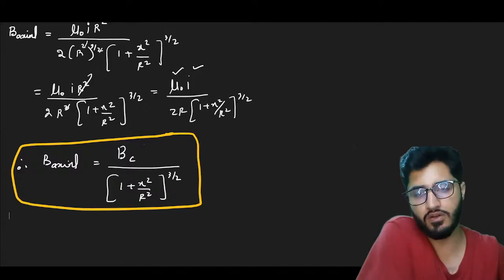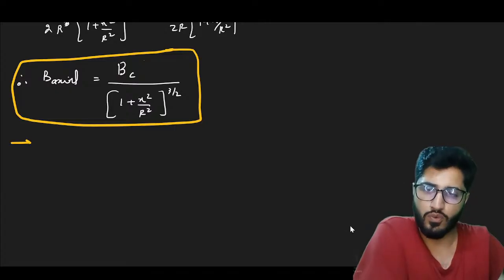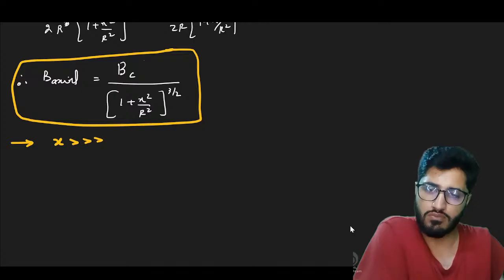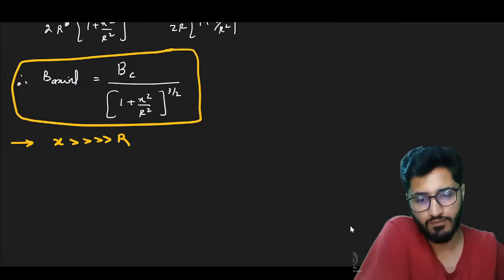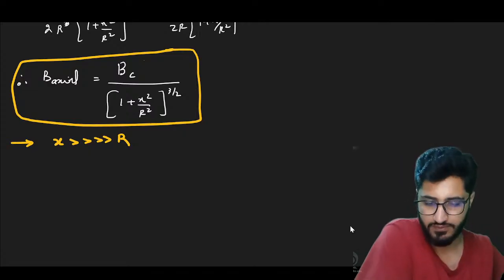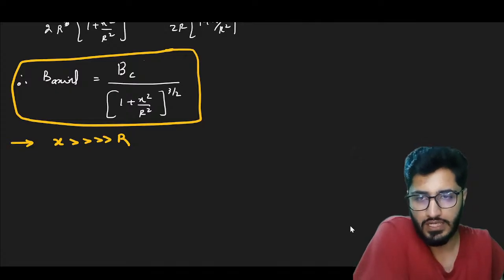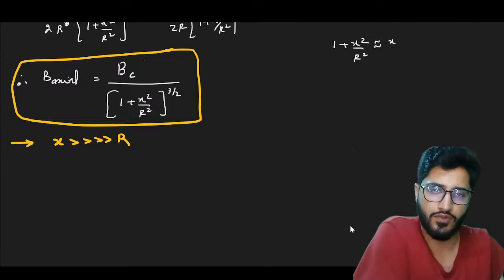We can manipulate it also, no? How, sir? Let us suppose my x is more than r. Suppose my x is more than r. What can you write now? Sir, if my x is more than r, then 1 plus x square divided by r square is approximately equal to x square by r square.